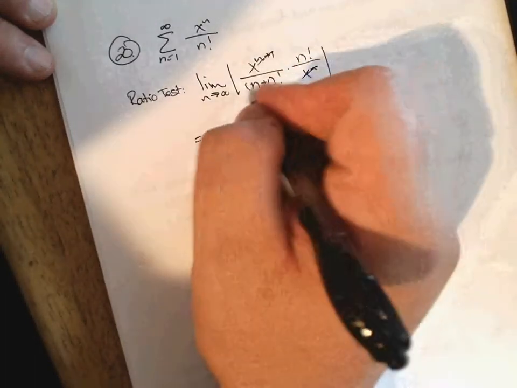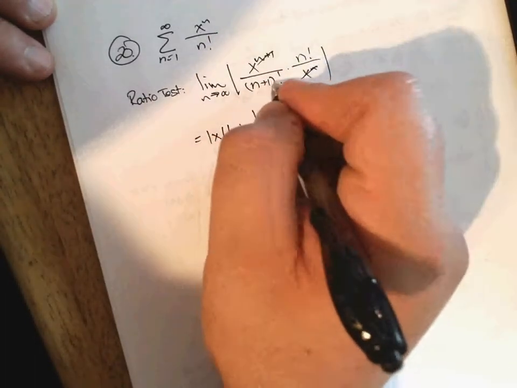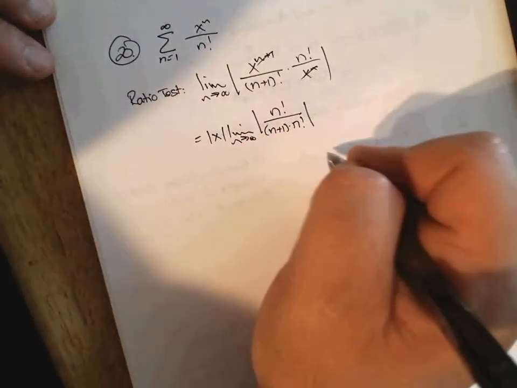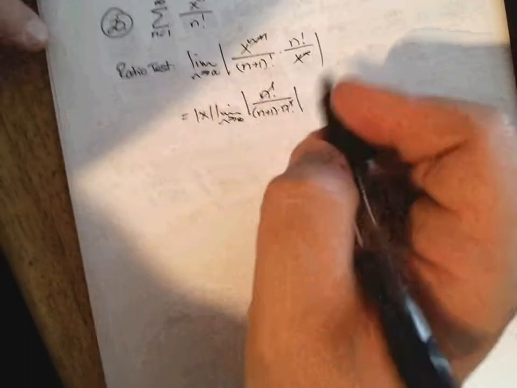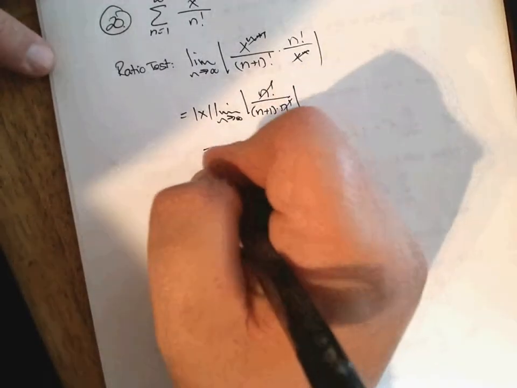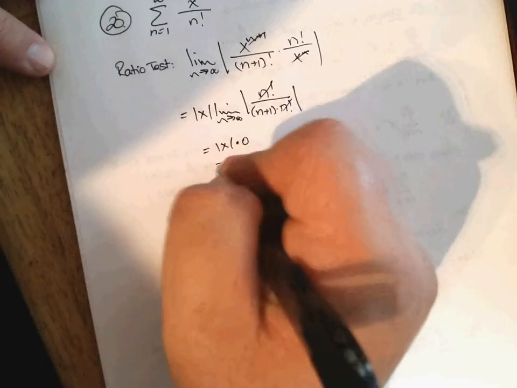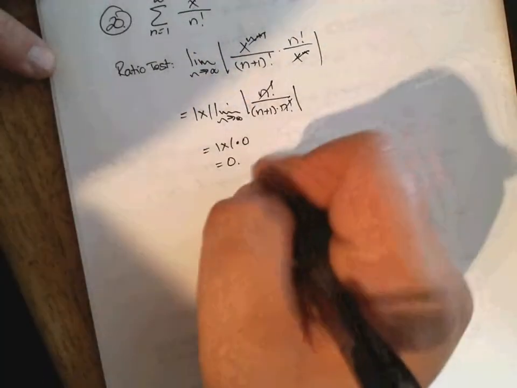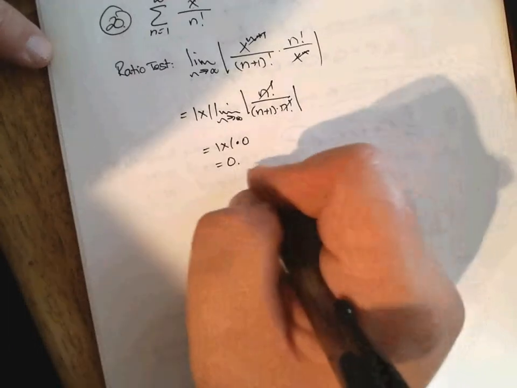That x is going to come outside. And the way you simplify in here is that n plus 1 factorial is, of course, n plus 1 times n factorial. And now you can cancel those. Now take the limit as n goes to infinity of 1 over n plus 1, and you get 0.